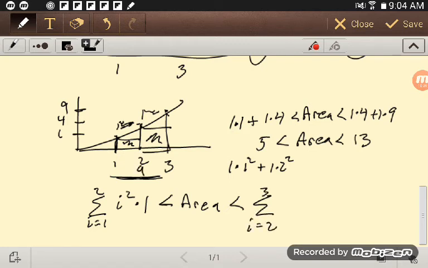Right? So I started at 2 and then went to 3 with this i squared times 1. Right? That gives me 4. And then putting the 3 in, I get 9. Okay, so I've described it there.